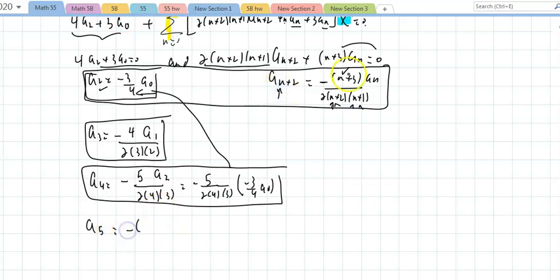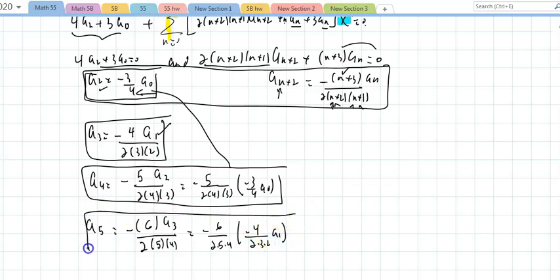A 3 for n, 3 plus 3 is 6, a sub 3 over a 2, 3 plus 1 plus 2 is a 5, and 3 plus 1 is a 4. But I know what a sub 3 is. A sub 3 is negative 4 over 2 times 3 times 2 a sub 1.